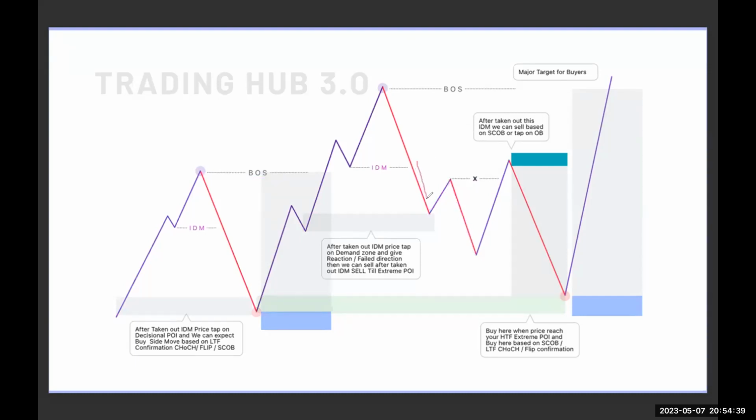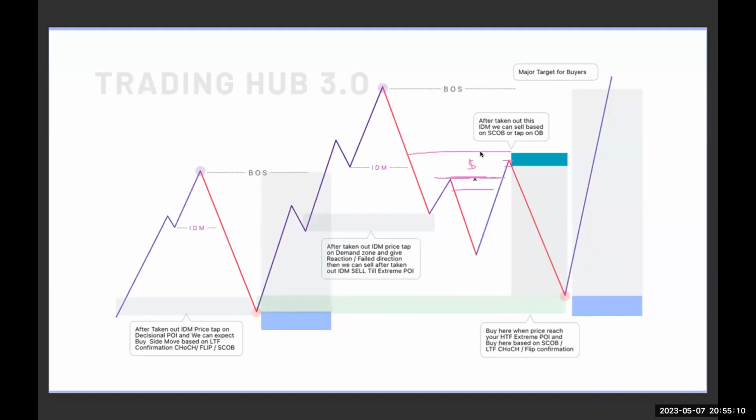If the market creates a move something like this, okay, you can sell here because this high acts like an inducement. If the market does not create inducement here, which is already covered in the flip entry module also, then this high must be taken out because this is a supply, everyone is looking here to sell, the market grabs the liquidity, and you can sell here based on a single candle order block.